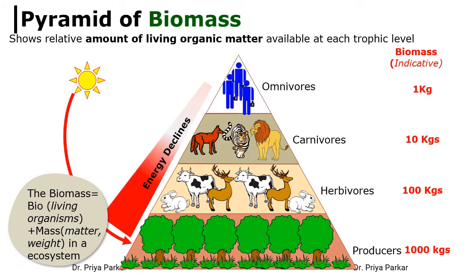Generally, the biomass goes on decreasing from bottom to the top of the pyramid. The only exception is marine ecosystems, where a large number of zooplanktons depend on a relatively smaller number of phytoplanktons.